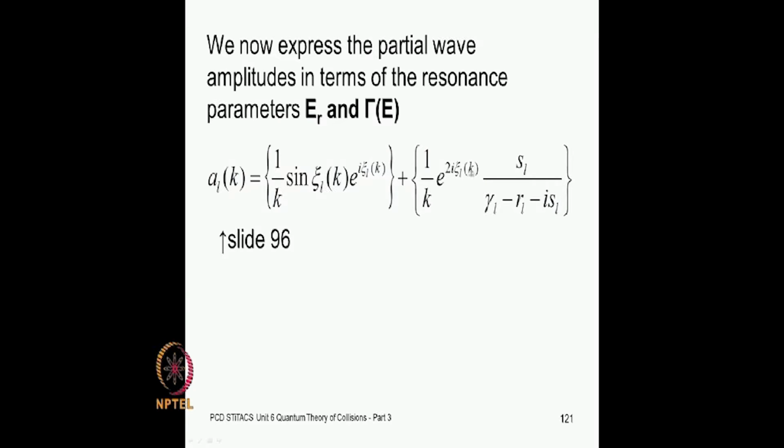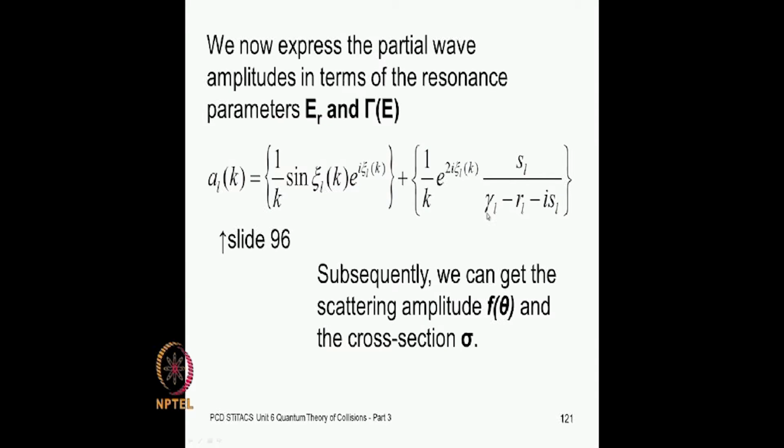So xi is the part coming from the impenetrable hard sphere part, and then there are other factors which were introduced in terms of the parameters r and s, and of course the logarithmic derivative of the wave function.